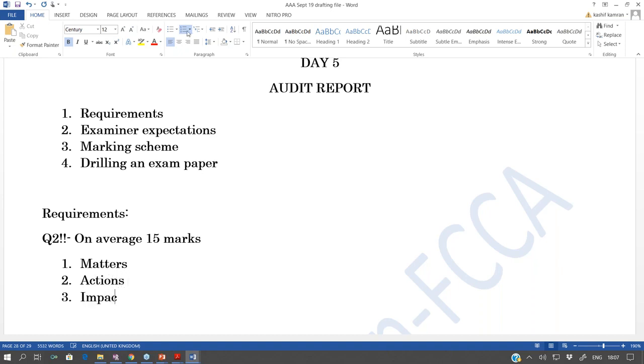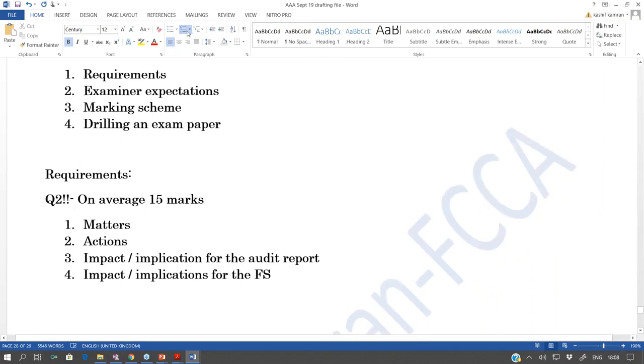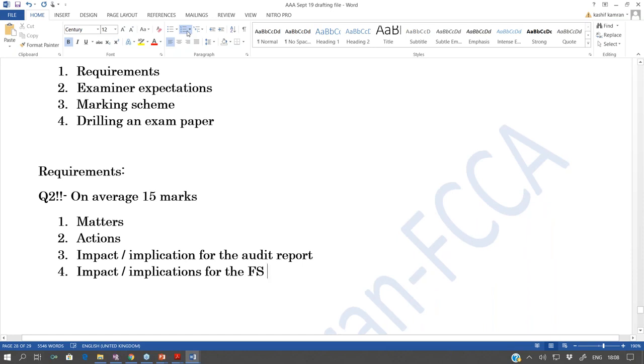Then there is a requirement which asks for impact or the implication for the audit report. Then there is a requirement which asks for impact or the implication for the financial statements. And then there is a requirement in a question on reporting which asks you to critically appraise the audit report.